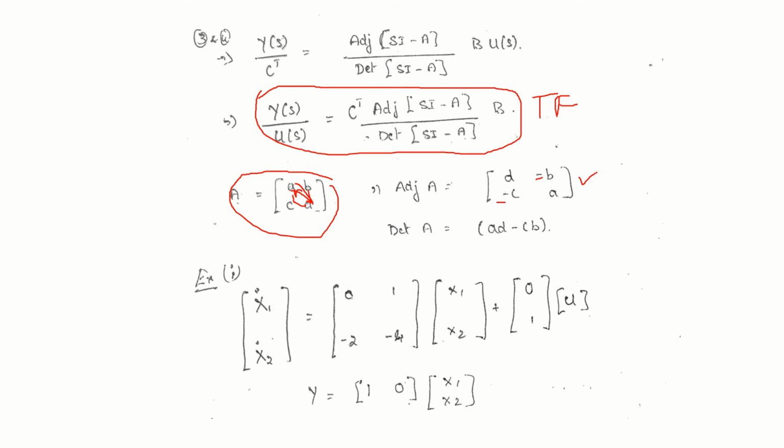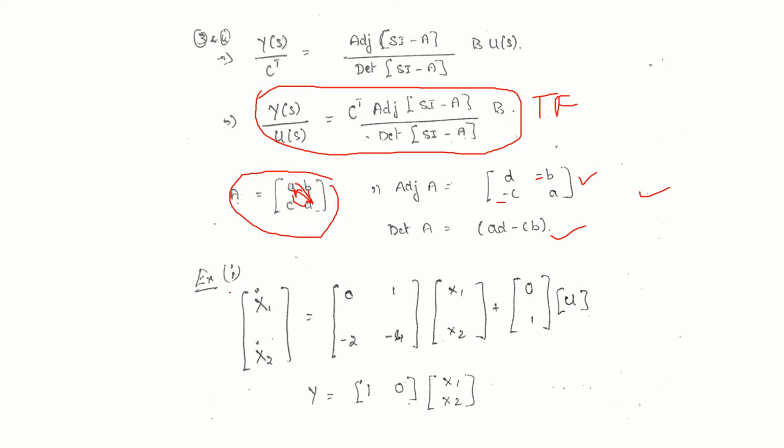We get the adjoint. The determinant of A is nothing but ad minus bc. That's fine for a 2 into 2 matrix. For a 3 into 3, you should learn how to find the adjoint. I think you know how to find the determinant for that.